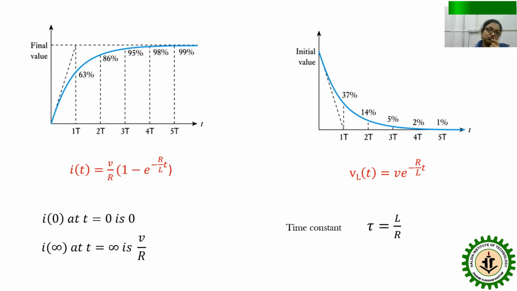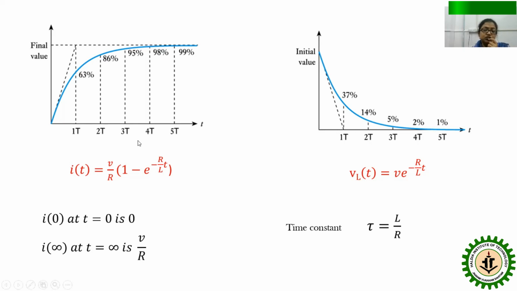In the final state, or steady state, the inductor behaves as a short circuit. That's why maximum current is flowing. So current is initially zero, then grows, and then reaches the steady state or final state V by R. You can't get more than that; you can get a maximum of V by R.